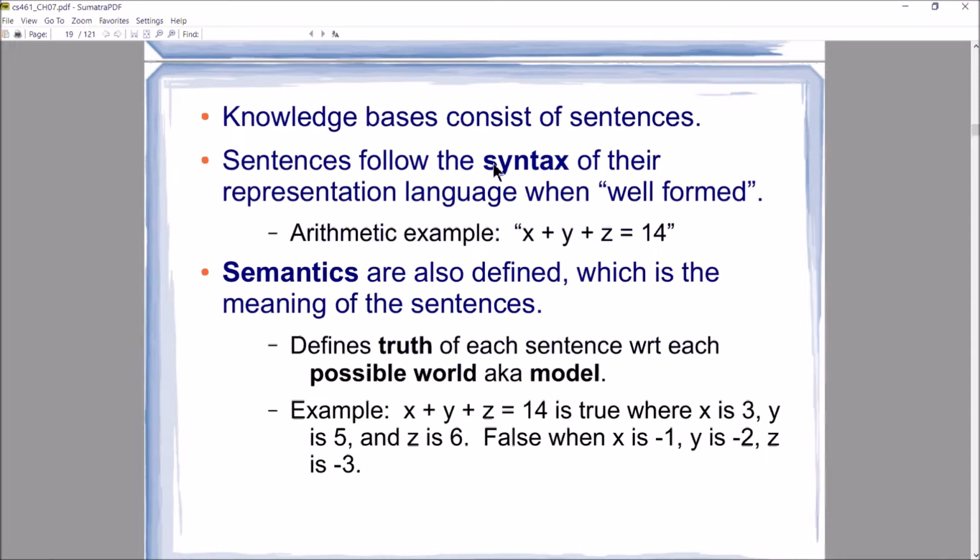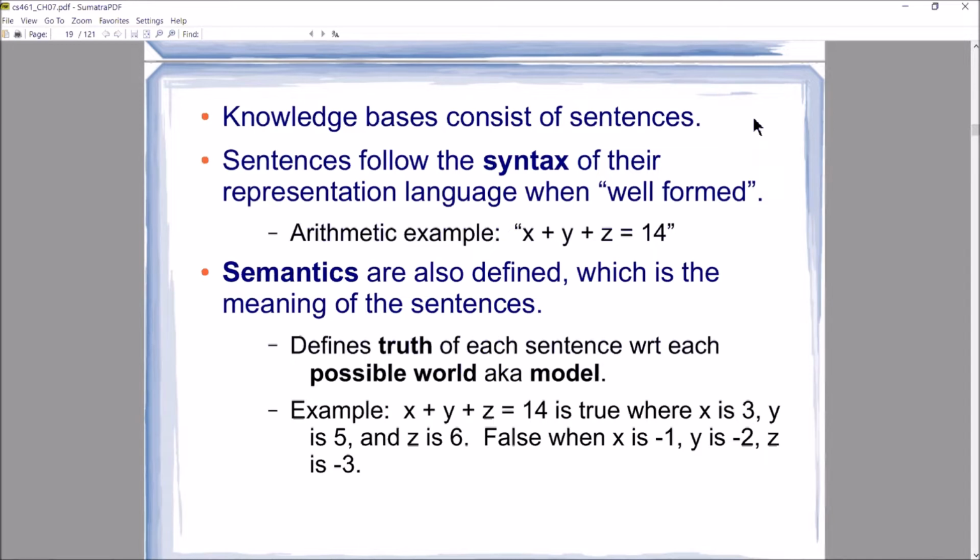When the sentences are well formed, they're following the syntax for the representation language that you're using. So an example from arithmetic: x plus y plus z equals 14, right? Now it's not a programming statement, just remember, basic old arithmetic.